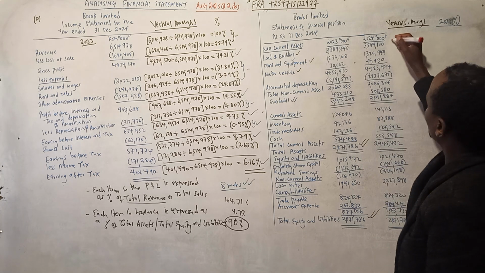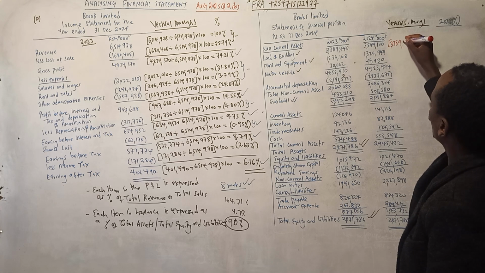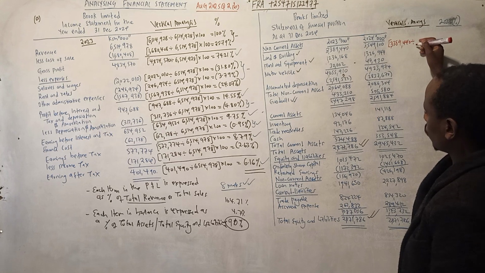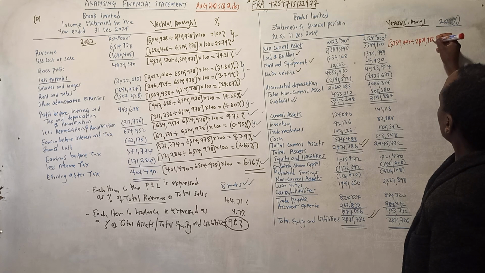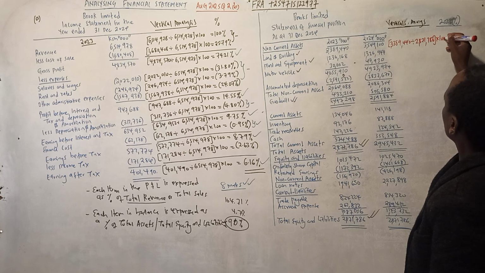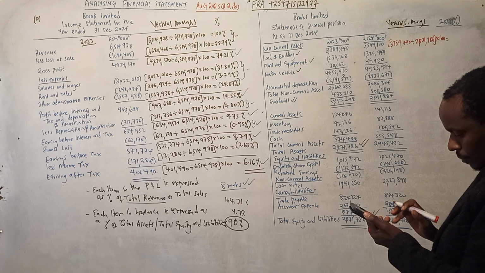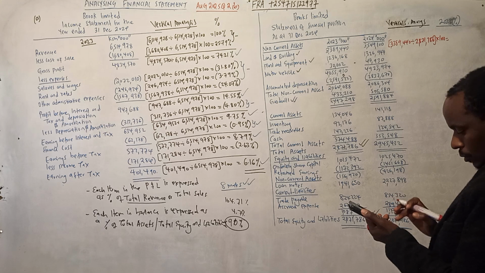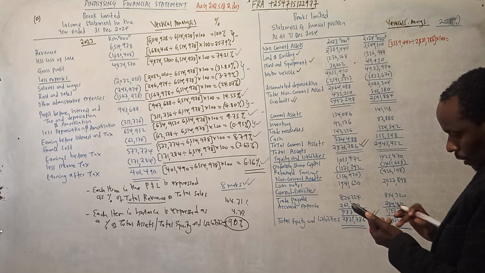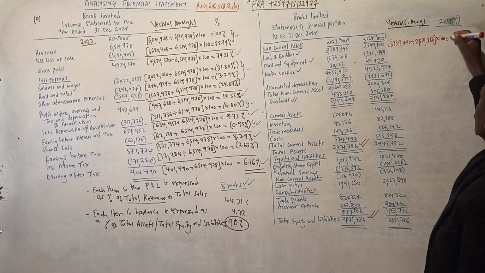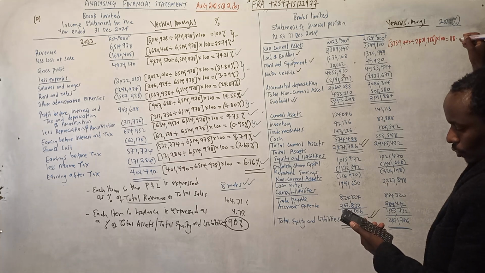Let's start with the land and building. 3,389,440 divided by total assets, which is 2,871,786, then multiply by 100. We have 118%, 118.03.